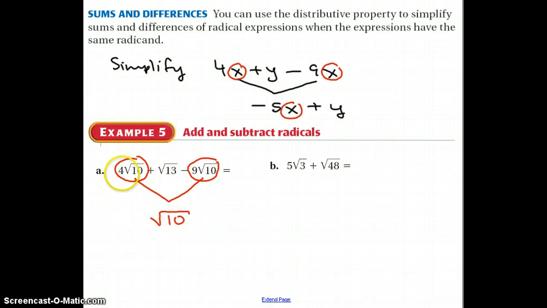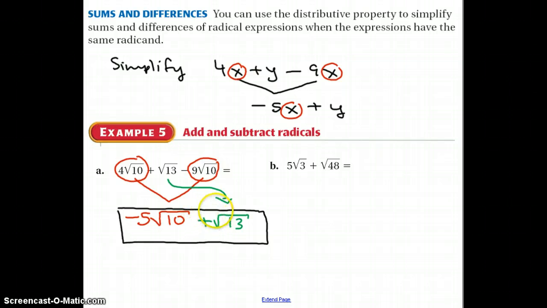So here we have 4 radical 10 minus 9 radical 10, and 4 minus 9 is going to give us negative 5. So the square roots of 10 can simplify to negative 5 square root of 10. The square root of 13 did not have another term, so it's going to stay by itself. And square root of 10 and square root of 13 could not be combined together, so this will be our final answer. And that's it.